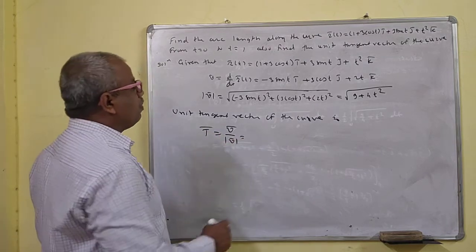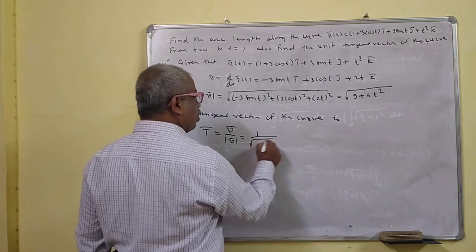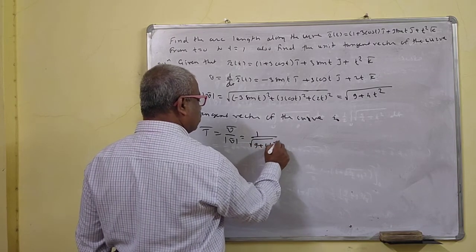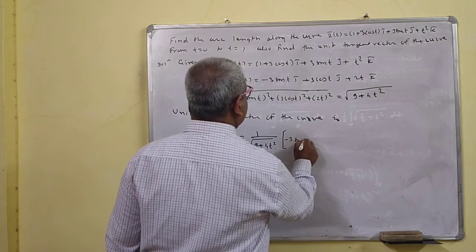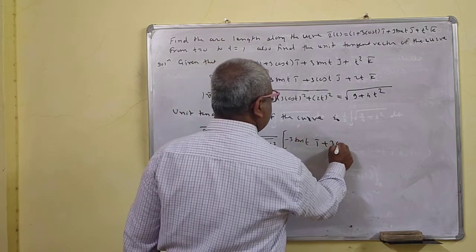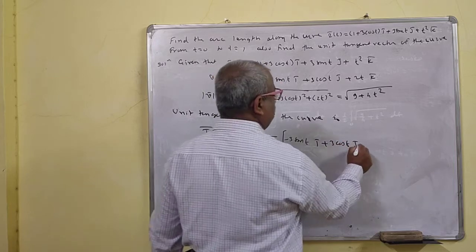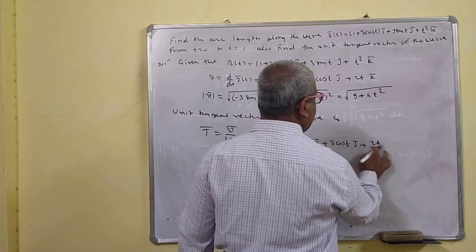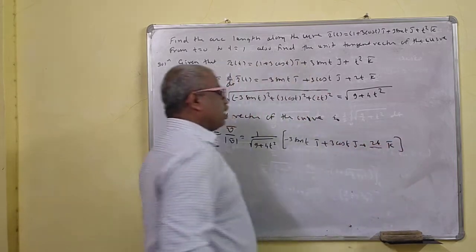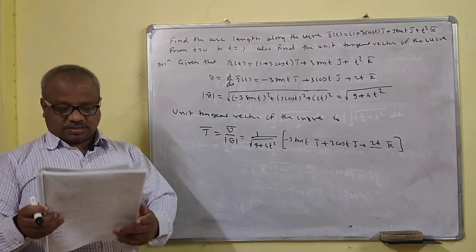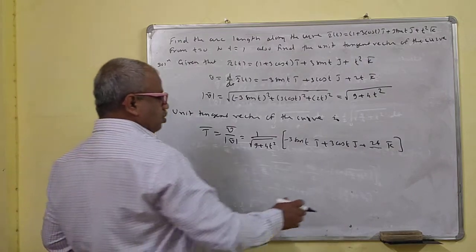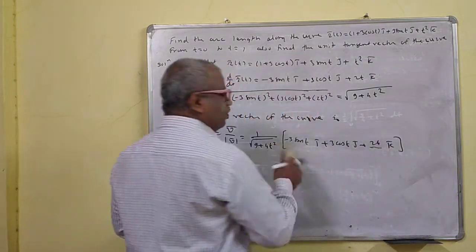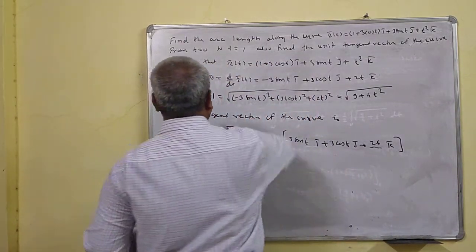What is mod of V bar? 1 upon root of 9 plus 4t square into minus 3 sin t i bar plus 3 cos t j bar plus 2t k bar. You may multiply by this, or you may keep this as it is. According to me, just keep this as it is, don't do anything.